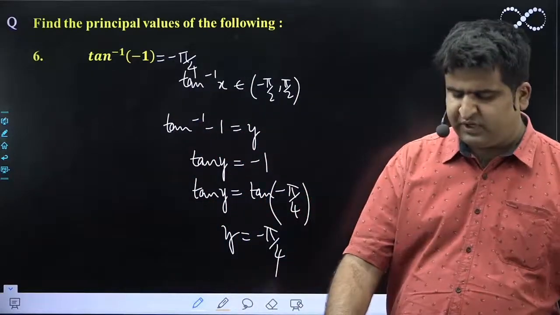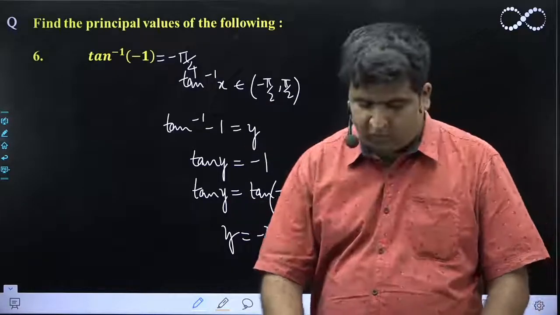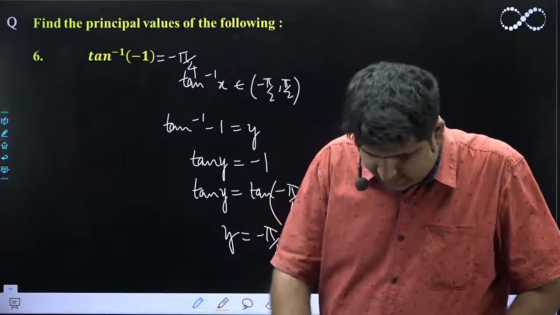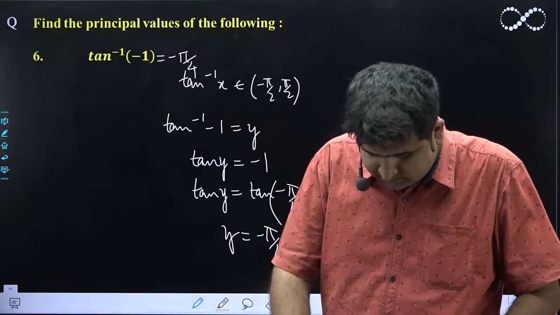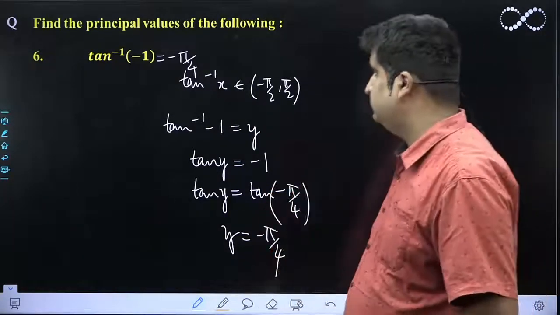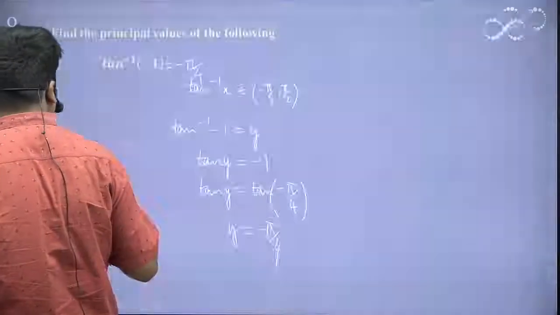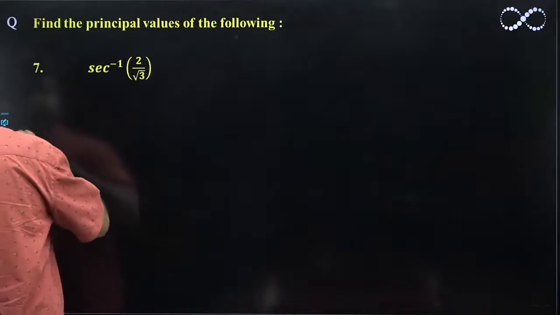So these questions are pretty simple as long as you remember the range of all of these expressions, sine, cos, tan, all of them, then it's pretty easy. Now we'll see the next problem. Let's see which inverse trigonometric ratio is there.